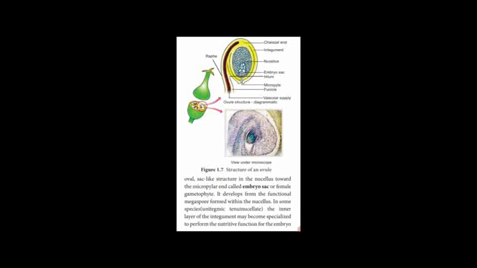Then opposite to the chalaza end, there is a large oval sac-like structure in the nucellus region, facing towards the micropylar region, called the embryo sac or female gametophyte. This female gametophyte develops from the functional megaspore within the nucellus.